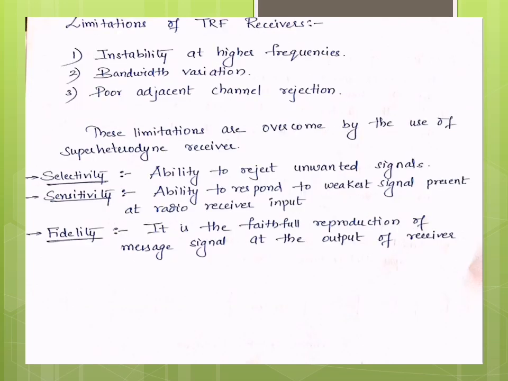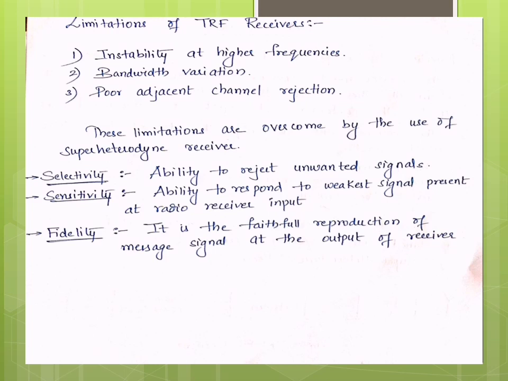Now there are some limitations of TRF receivers: instability at higher frequencies, bandwidth variation, and poor adjacent channel rejection. Due to these limitations, super heterodyne receivers were developed. These limitations are overcome by the use of the super heterodyne receiver.